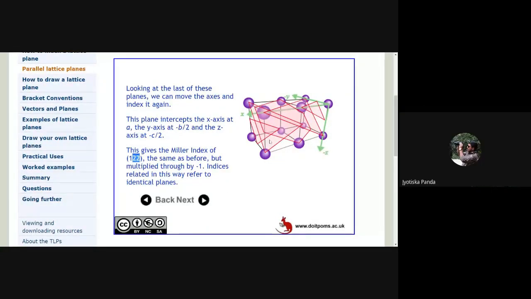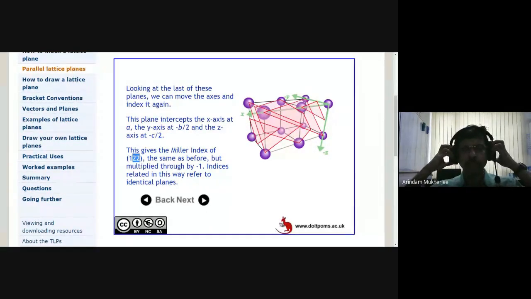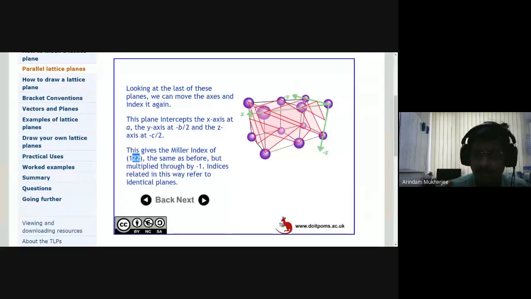Yeah. So okay, when you have a 3D structure, different people can be looking at it from different directions, right, and making their origins separate. Do you agree with that? Yes. Now Miller indices, because of these rules, when you take the reciprocal you get Miller indices.